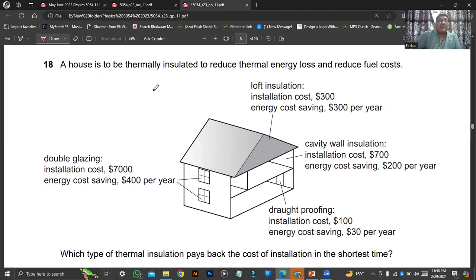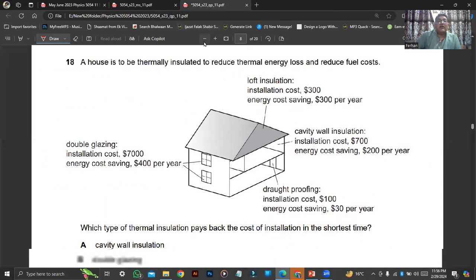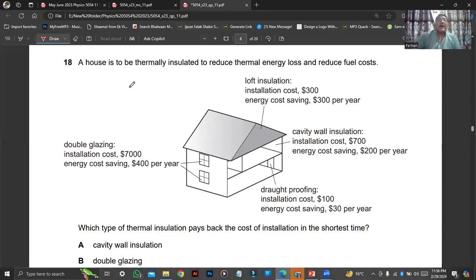Question number 18. He says a house is to be thermally insulated to reduce the thermal energy loss and reduce the fuel cost. Which type of thermal insulation pays back the cost of the installation in the shortest time?